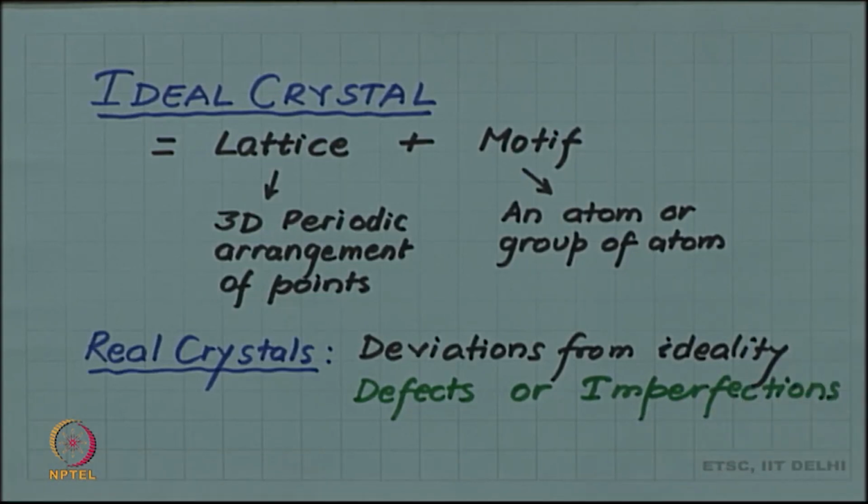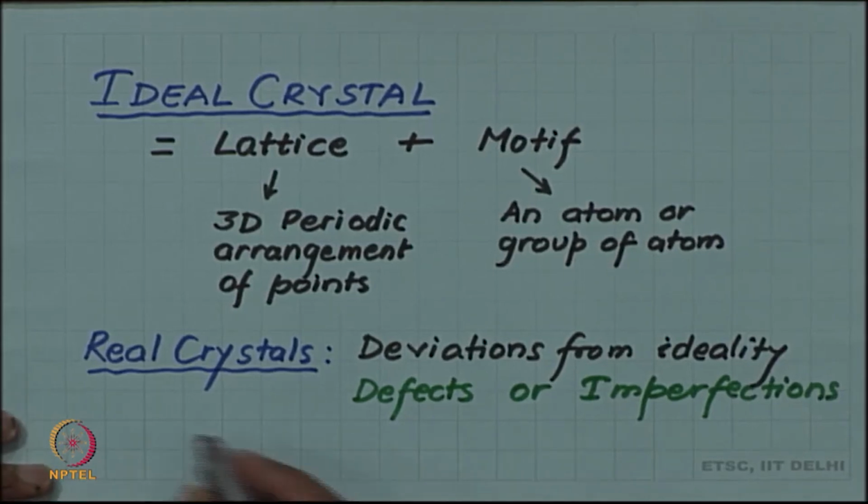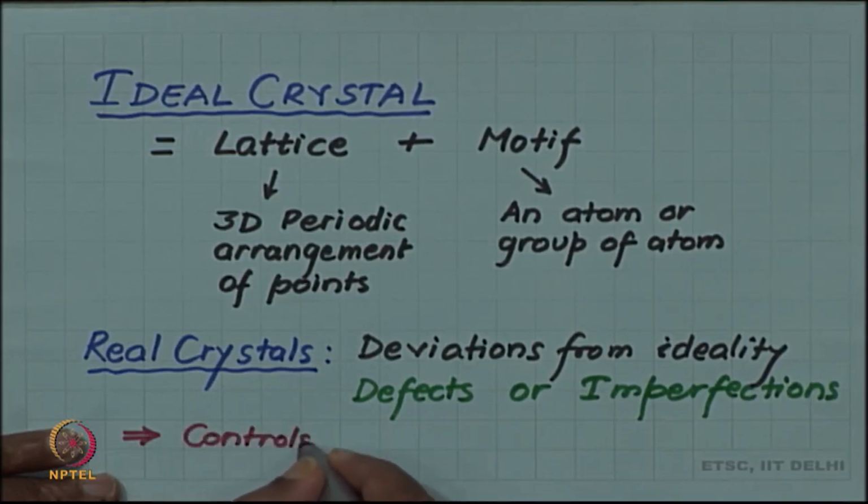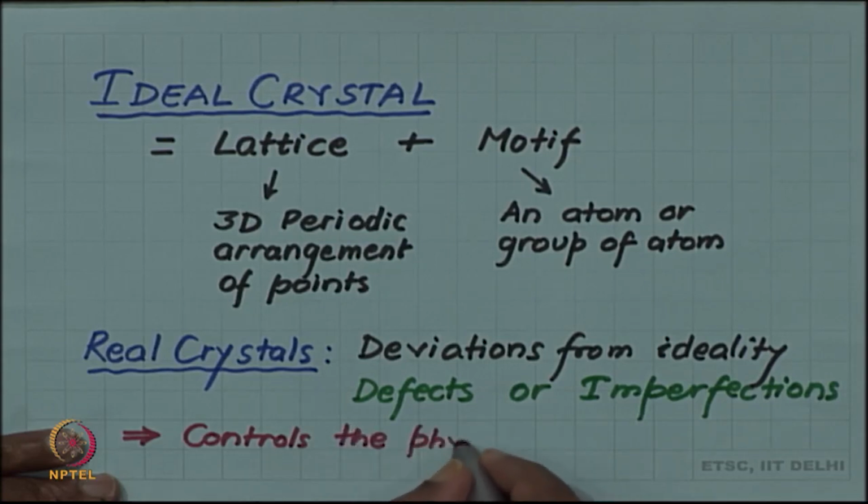And they are a very important topic in material science, because these defects or imperfections control the properties of material. So, they are very important in controlling both physical and mechanical properties.